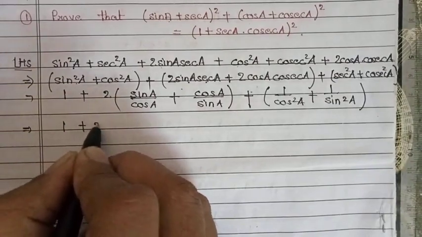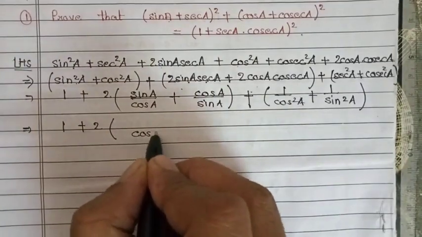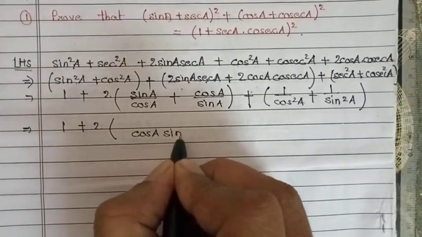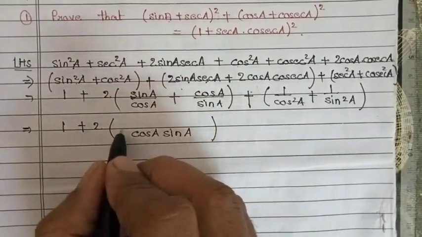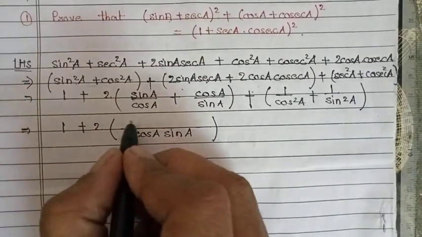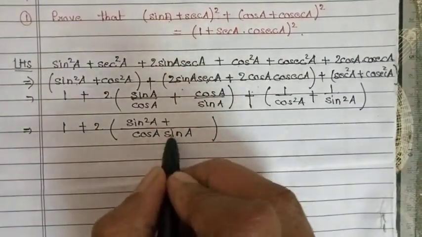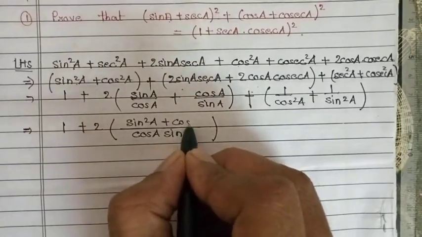1 plus twice. Now here I will take the LCM. LCM is cos into sine. So the first term will give me sine into sine, sine square. Sine and sine will cancel, and this will give you cos square.